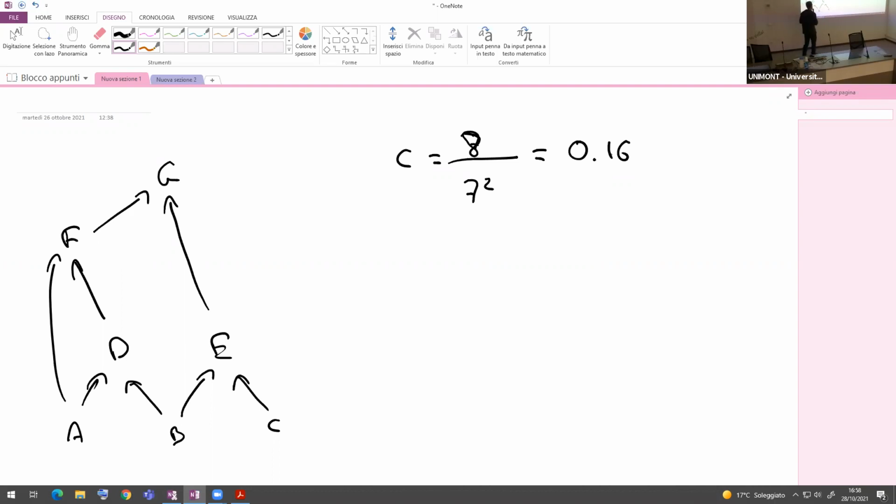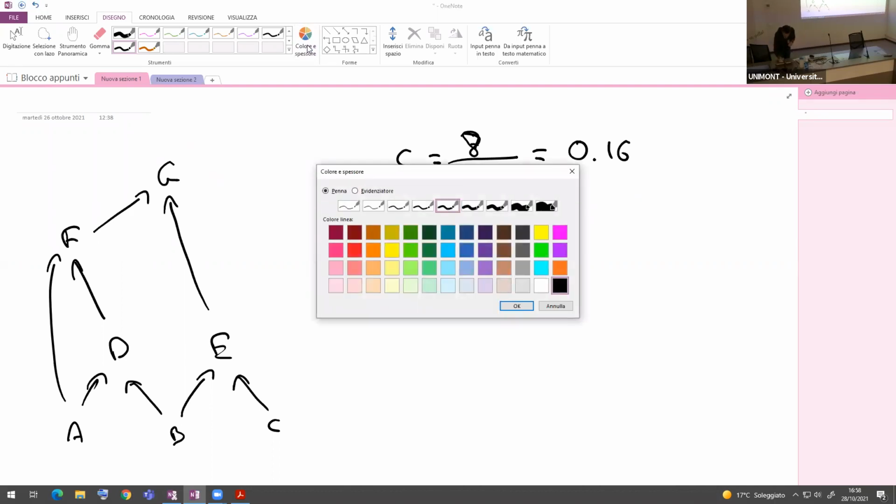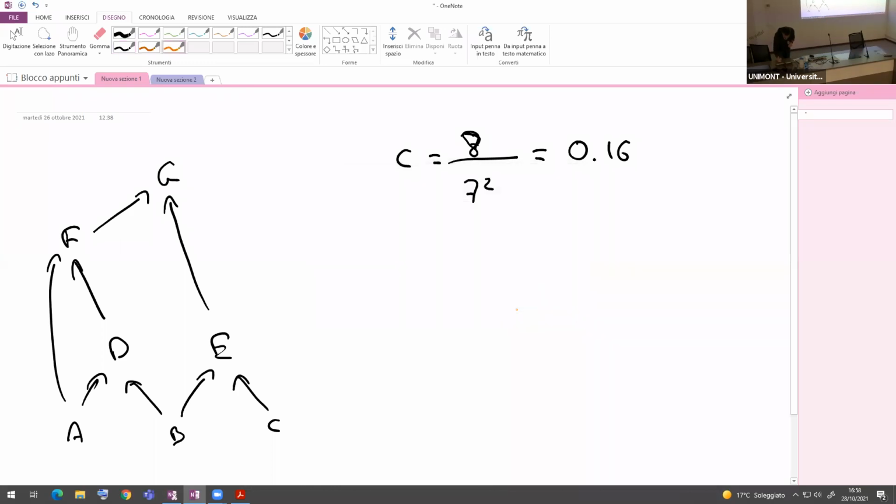Now, a very important question. Do you understand that higher connectance means higher complexity? Imagine that I have this other community.